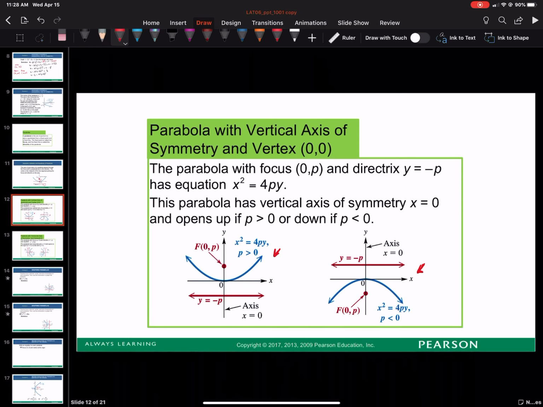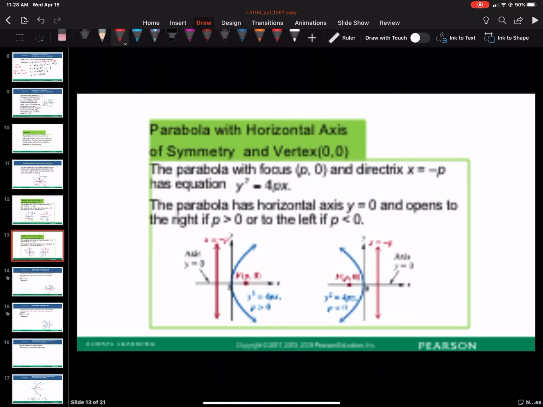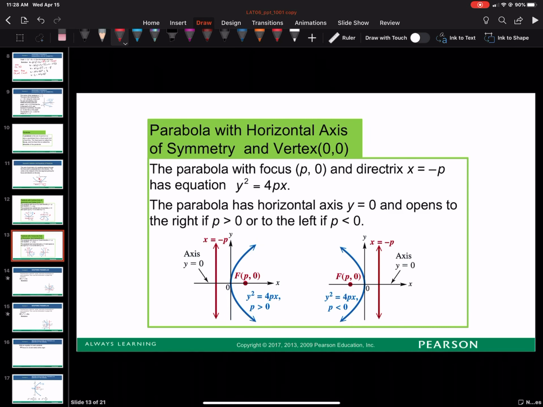So now we're about to go through how to use these. So this is opening up and down. Let's open from left to right. The parabola with a focus (p, 0) and a directrix of x is equal to negative p has an equation of y squared is equal to 4px.